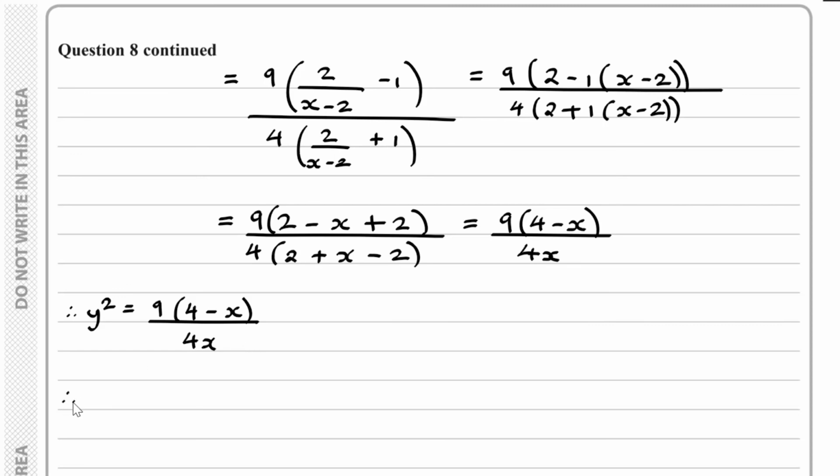And therefore, as we said before, if we square root both sides, let's just write this down. y is equal to the square root of 9 lots of 4 minus x over 4x.